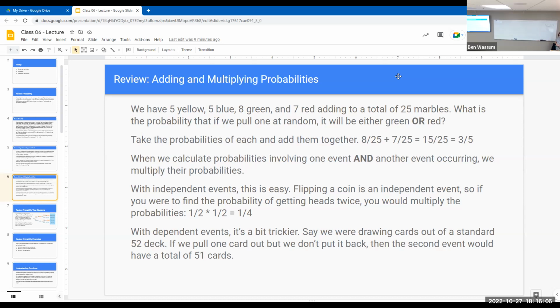And you see that I have an example on drawing cards. Usually when you look up a lot of problems for probability, you'll mostly see marbles, flipping coins, card decks, because card decks are kind of universal. You get the general idea of them. You know, half of the cards are black, half the cards are red.